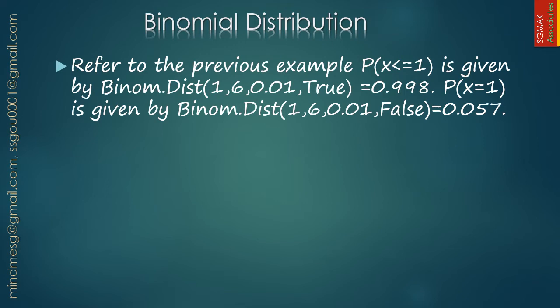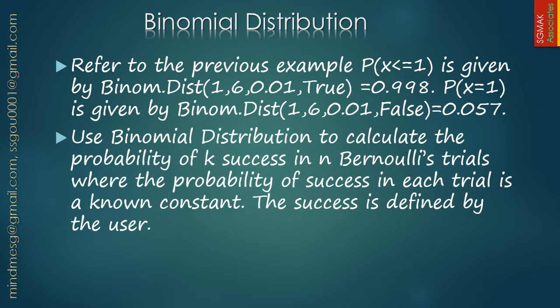This represents the probability of getting exactly 1 defective in a sample of size 6, where the probability of success in each trial is 0.01. So use the binomial distribution to calculate the probability of k successes in n Bernoulli trials, when the probability of success in each trial is a known constant, and success is defined by the user.